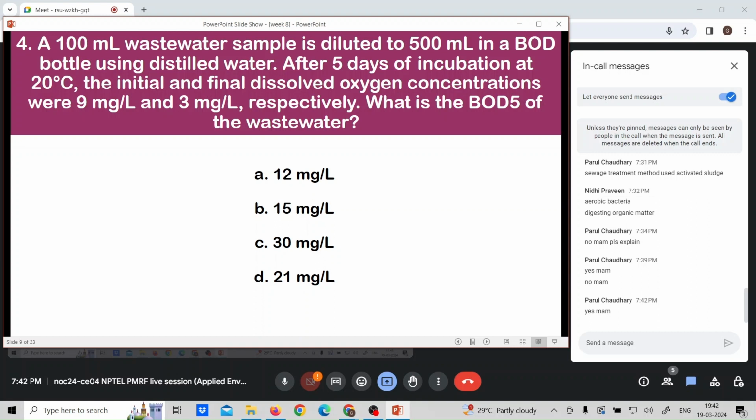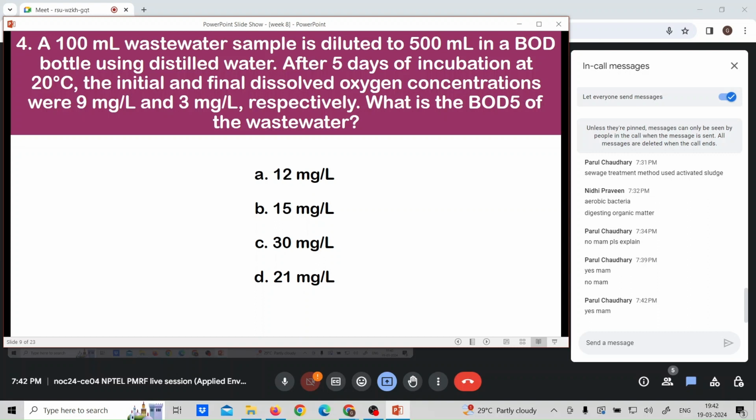Similarly, COD is chemical oxygen demand, the same oxygen demand for complete oxidation of the organic matter in the water by chemical methods. So that is the difference between COD and BOD.